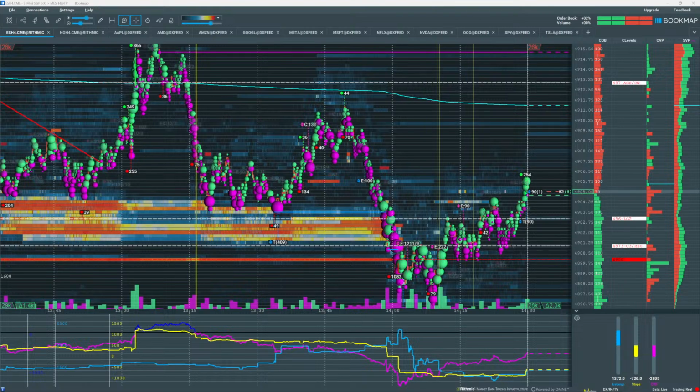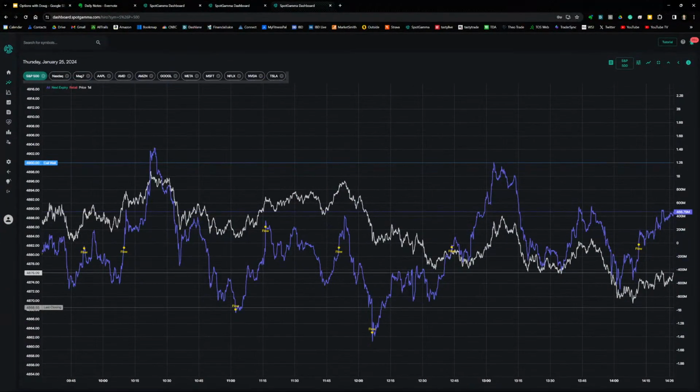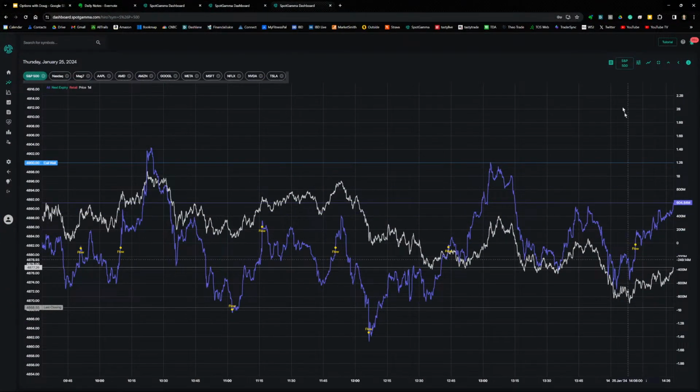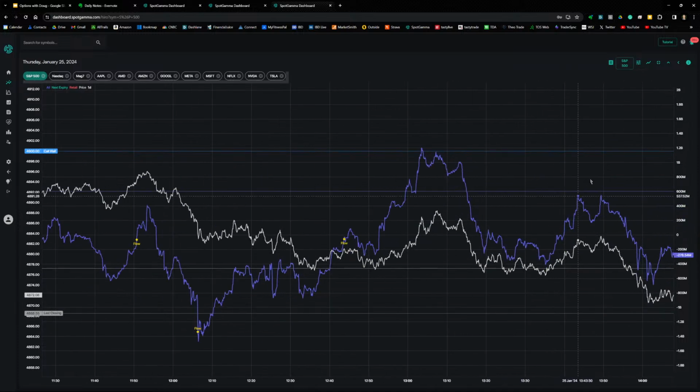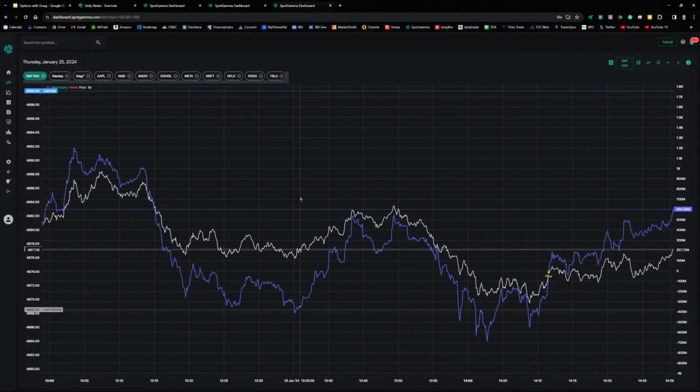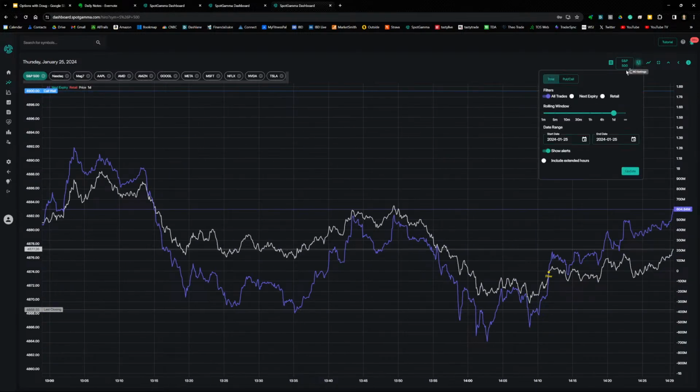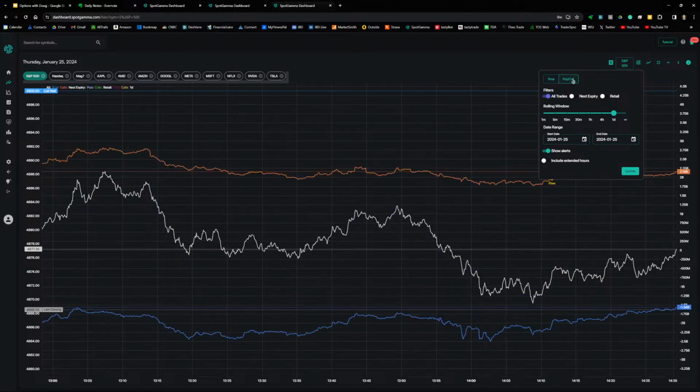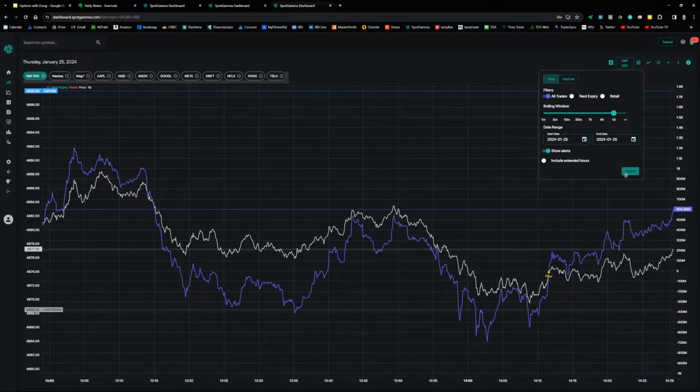Let's go back and check hero. And the hero signal continues to move higher. Let's zoom in on this. And that doesn't provide much clarity.